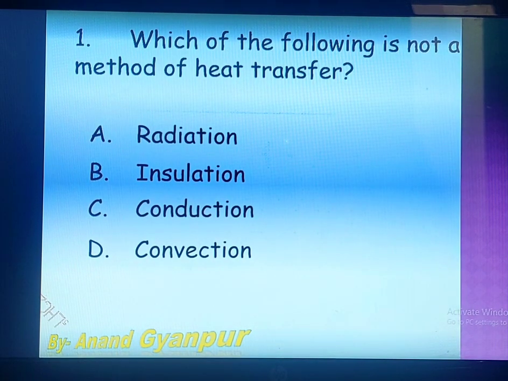Now the first question: which of the following is not a method of heat transfer? We discussed already: conduction, convection and radiation. So insulation is not a heat transfer mode.